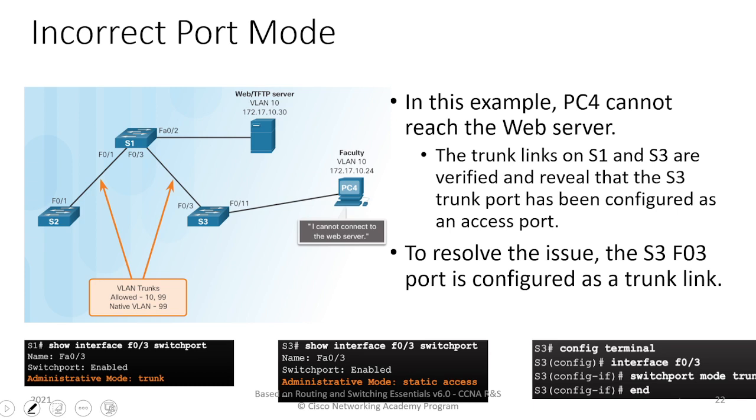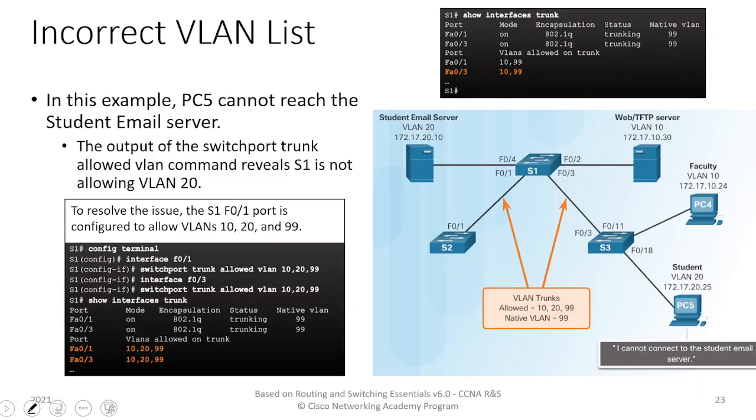But if we configure one of the trunks as an access port, then it is not able to carry traffic as it would when it is a trunk. So again, we'll have to change that configuration appropriately to make it a trunk mode connection.